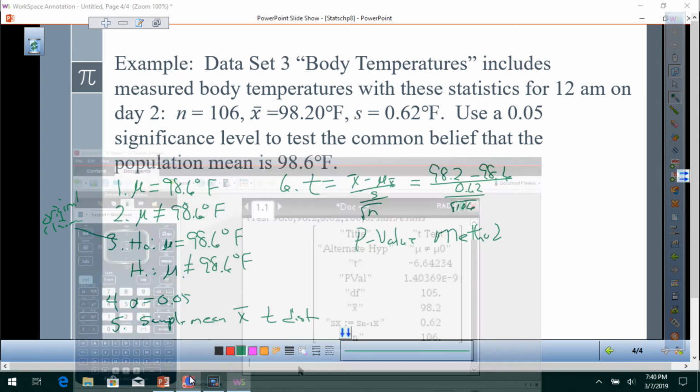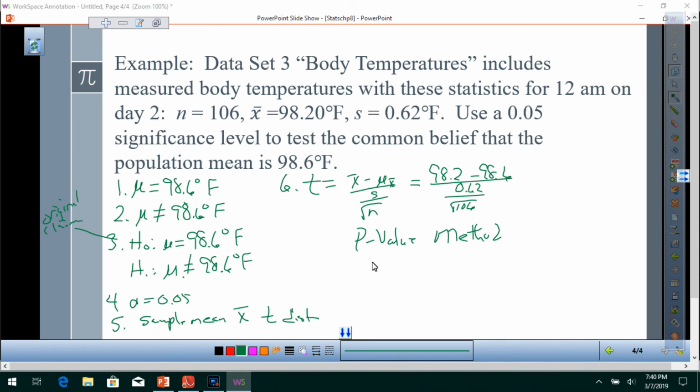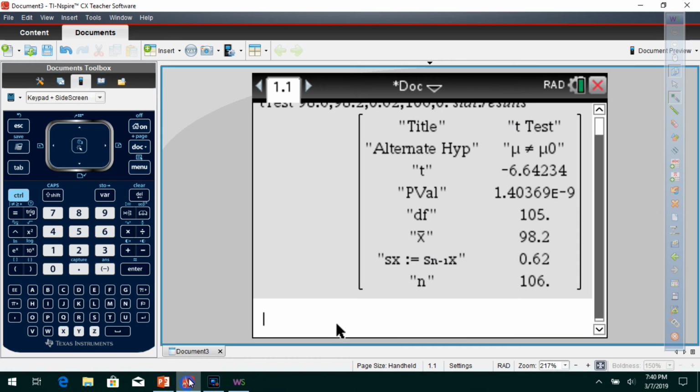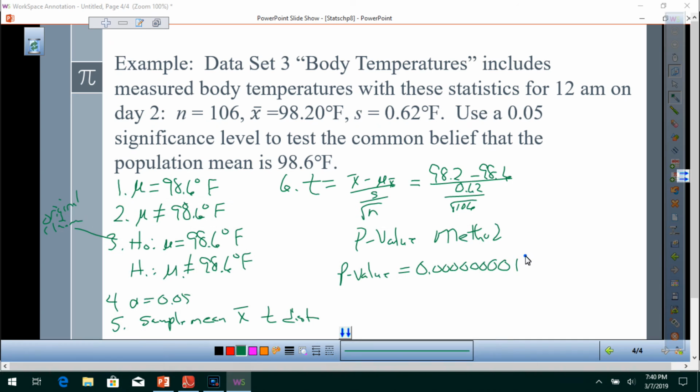So let's write that p-value. That is p-value equals 0.12345678, and then it's 1403, and I think that was 69, but you get the point.